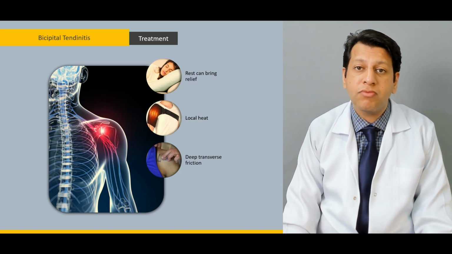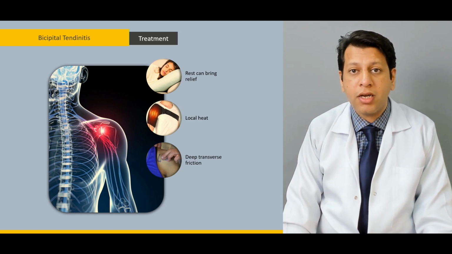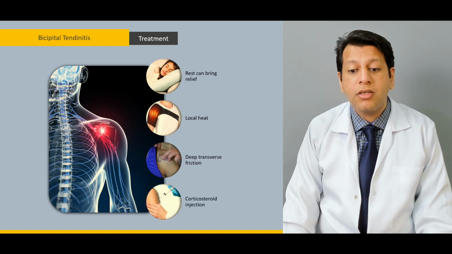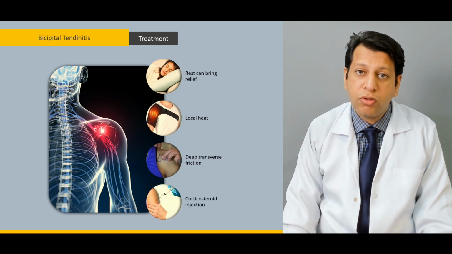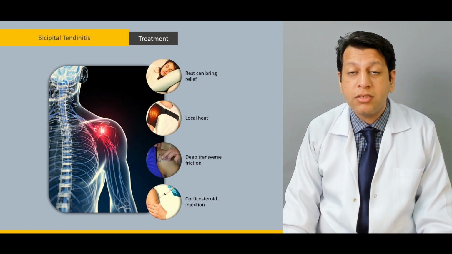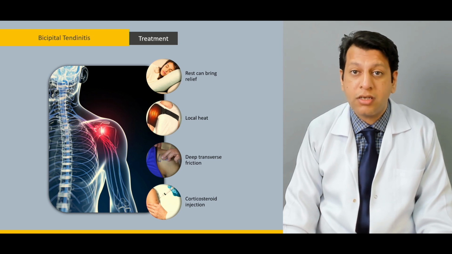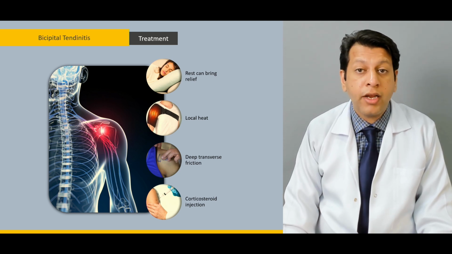If the problem is with the transverse humeral ligament, this rubbing can decrease the amount of pain via the gate control theory. Then there is the corticosteroid injection. Although it's a tendinitis, what you need to remember is that we can give a corticosteroid injection near the tendon, not into the tendon.